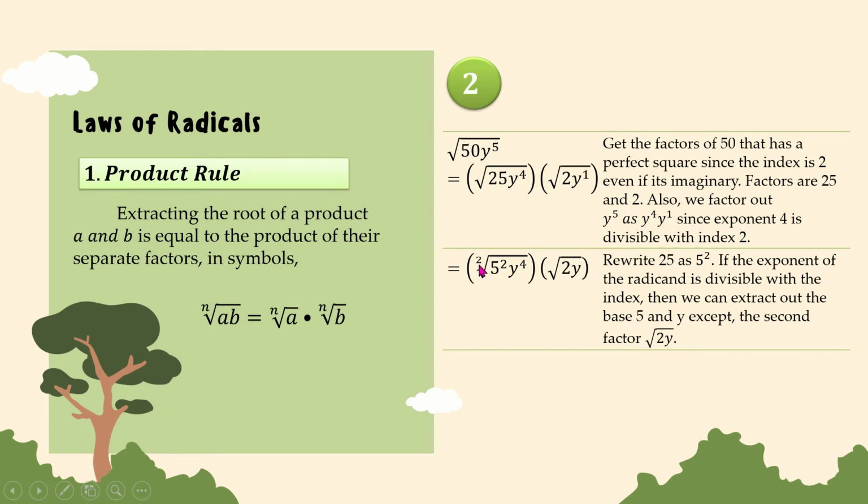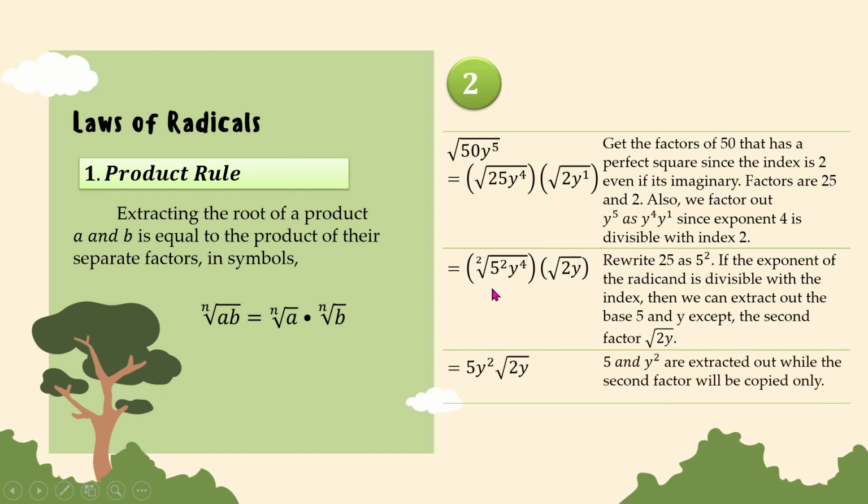Well, this one, I wrote the index 2 so we can see the divisibility of the exponent of 5 and of y. The exponent of 5, which is 2, is divisible by the index 2. The exponent of y, which is 4, is divisible by 2.